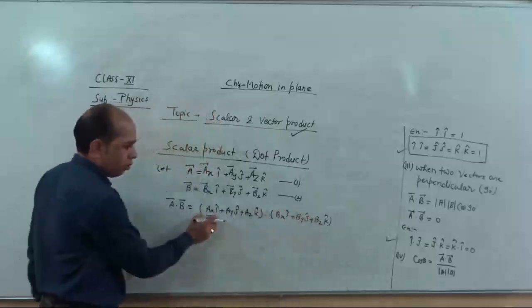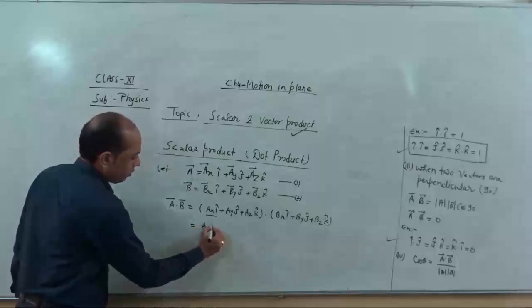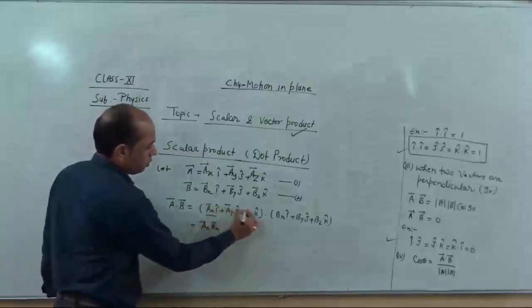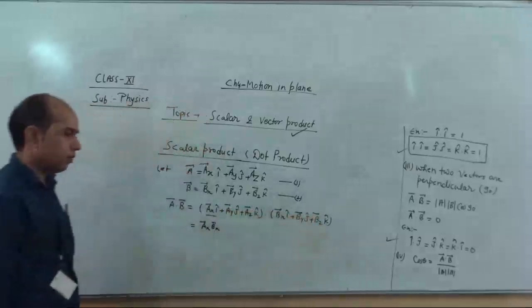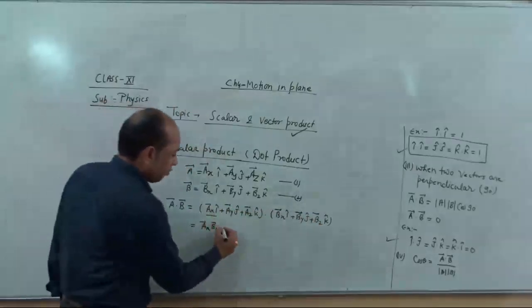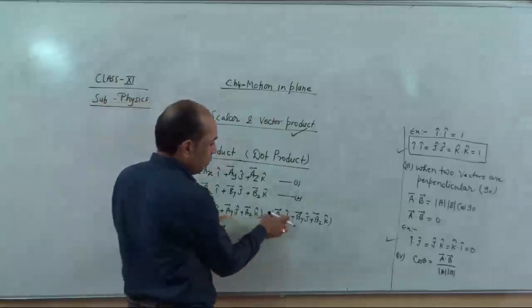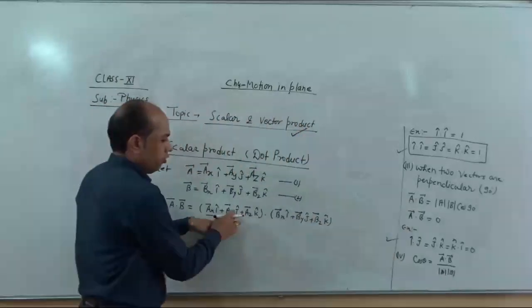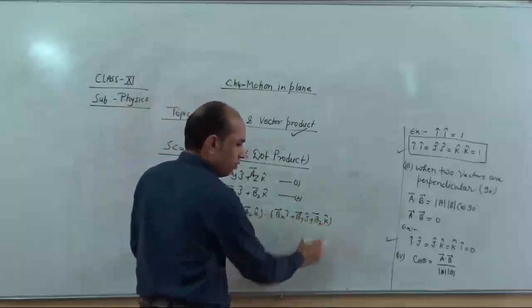That means only the product ax bx remains, because the rest terms are 0. Similarly, next we come to ay j. It is multiplied with I giving 0, j into j is 1 and j into k is 0.